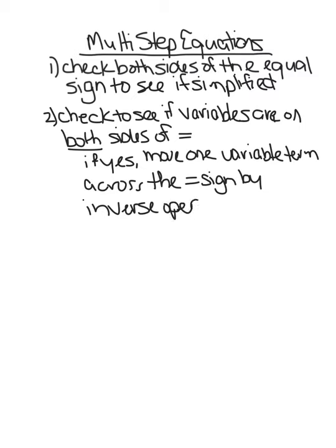Right, so if it's positive, we're going to subtract. If it's negative, you're going to add. All right, so we need to get the variable terms together on one side of the equal to sign.